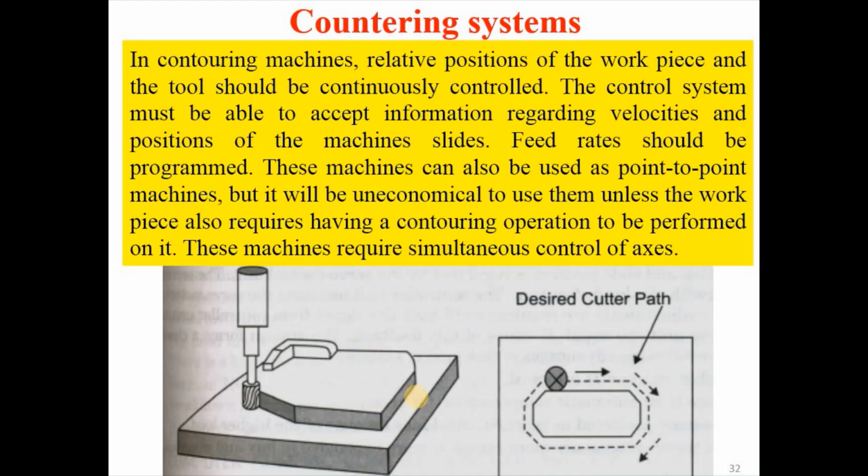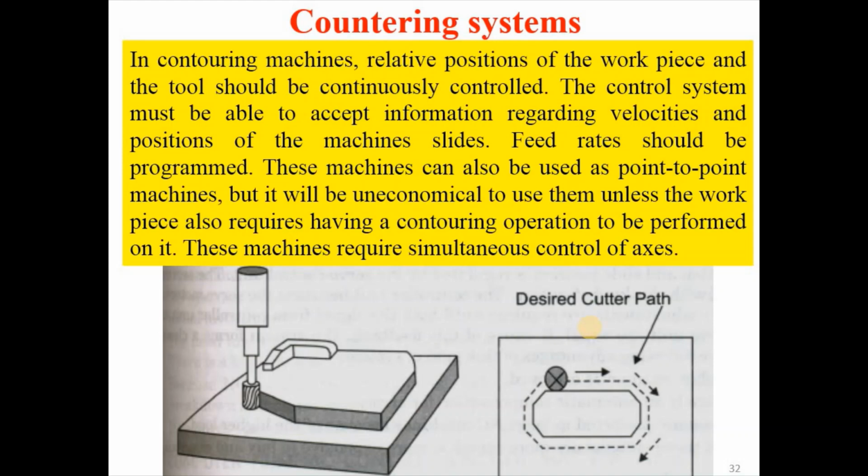Okay, in this system you can see here this is the desired cutter path. You can see some edges and some straight lines. In this system, the relative position of the workpiece and tool should be continuously controlled by the system, and in this system we can create any complex geometry.